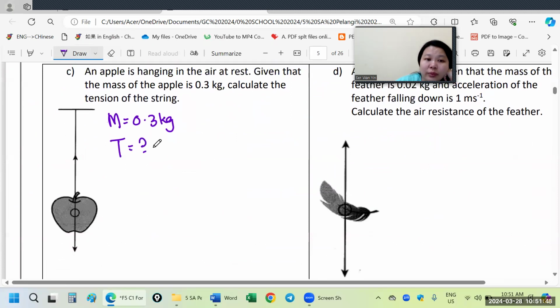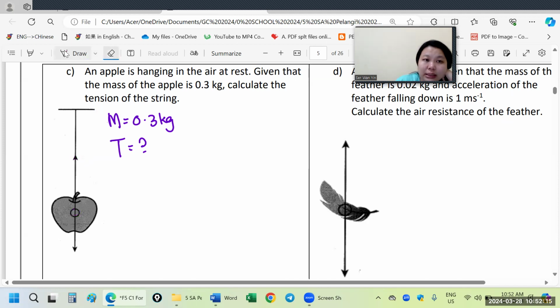So first of all, when you see an apple, you look at the free body diagram. It means you draw lines to show the direction of force.